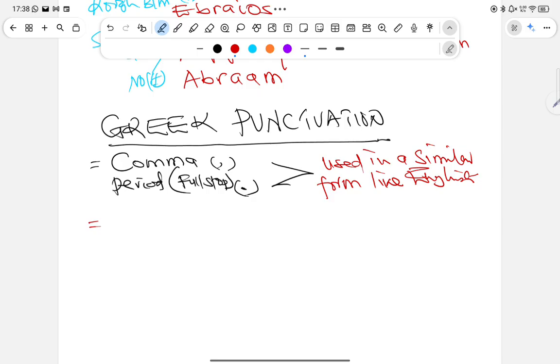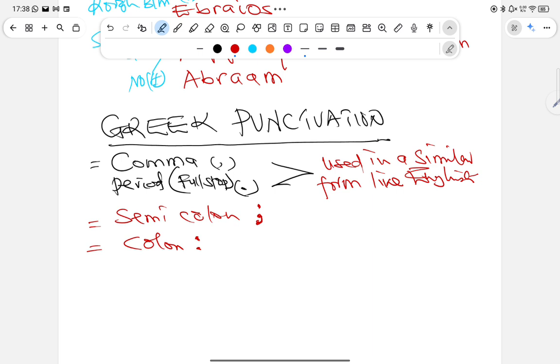In English we have the semicolon, which is usually written with a single L, not a double L. Semicolon, which is this, okay, and the colon in English is written like this, right?